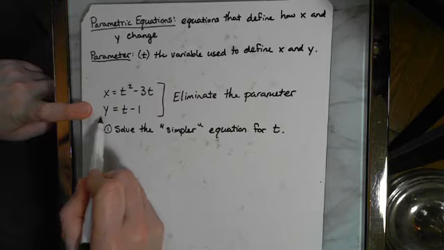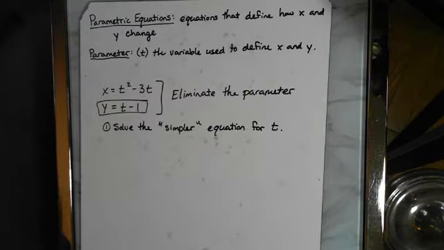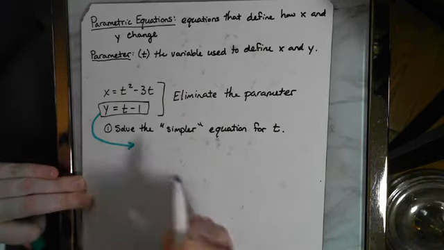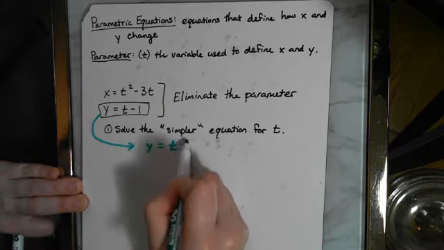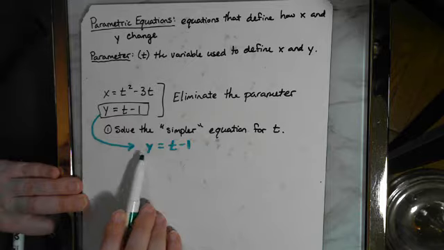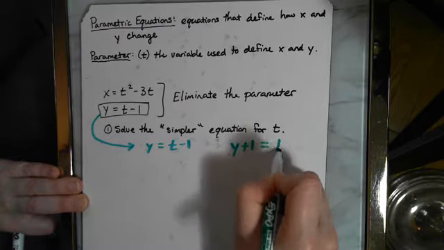And I'm going to say that it's this one right here, y equals t minus 1. So I'm going to take that and come down here and say, okay, y equals t minus 1. So to solve for t, I'm just going to add 1 on both sides. So this becomes y plus 1 equals t.